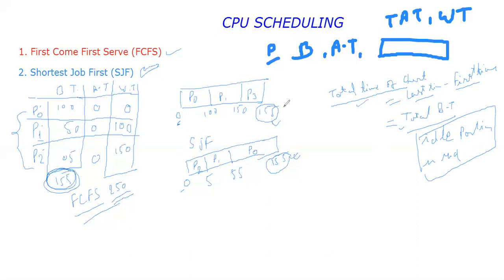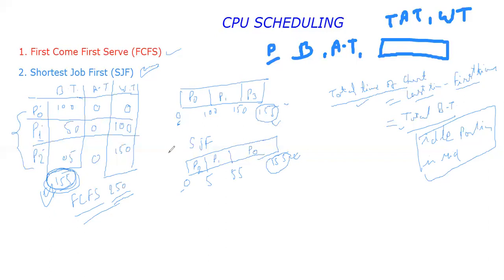So whenever you make your chart, add your burst times and check whether your total time, which is last time minus first time, is equivalent to your burst time. If it is not equal, it means somewhere you have made a mistake. We cannot say where you have made the mistake, but you will identify that you have made one, and you can immediately move to rectification.